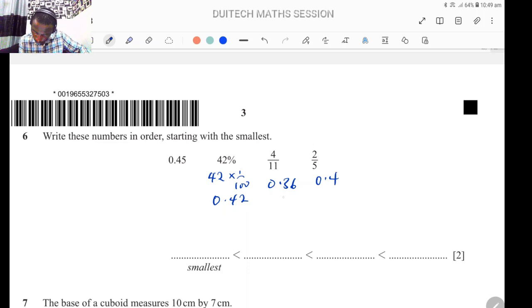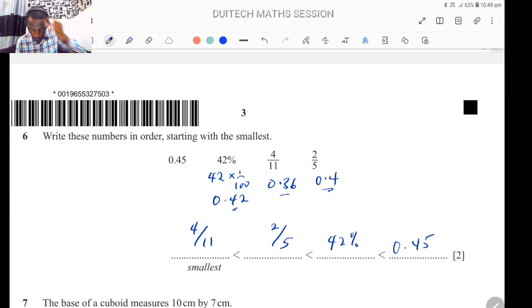The smallest here is 4 over 11, followed by 2 over 5, followed by 42%, followed by 0.45.